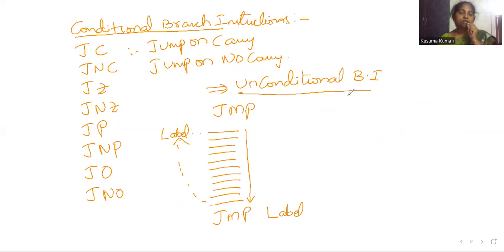And conditional branch instructions are based on the flags: jump on carry, jump on no carry, jump on zero, jump on no zero, jump on parity, jump on no parity, jump on overflow, jump on no overflow, and so many other instructions are also there. Okay, thank you.